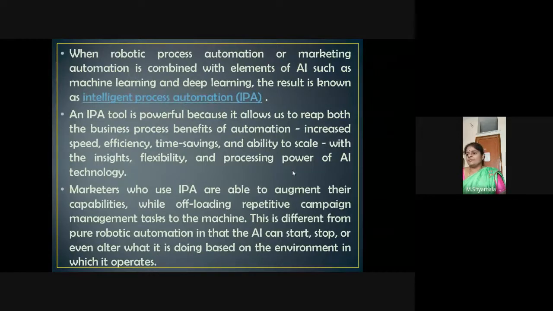Marketers who use IPA are able to augment their capabilities while offloading repetitive campaign management tasks to the machines. This is different from pure robotic automation in that the AI can start, stop, or even alter what it is doing based on the environment in which it operates.